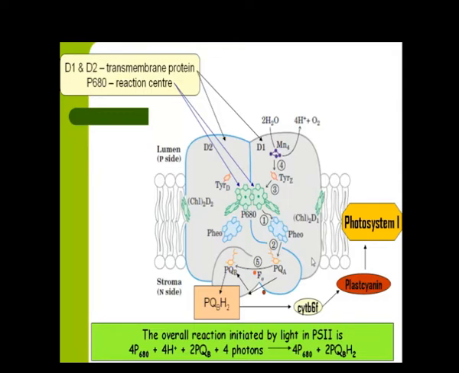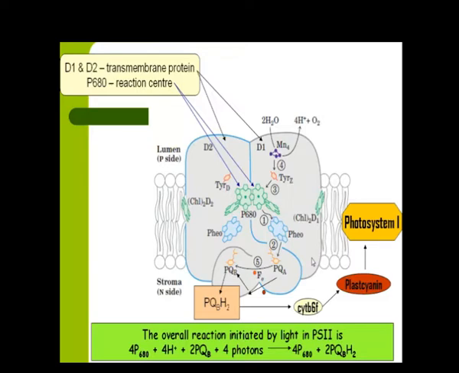To neutralize tyrosine, manganese, which is Mn0 in valency, will give 4 electrons to tyrosine and become Mn4 plus. Manganese can have valency 2, 4, and 7 also. This will get neutralized with the help of splitting of water. That is what I meant, that the neutralization of P680 is not a direct process. It happens because of splitting of water, but it occurs by way of manganese and tyrosine.